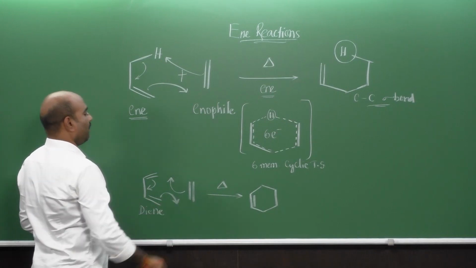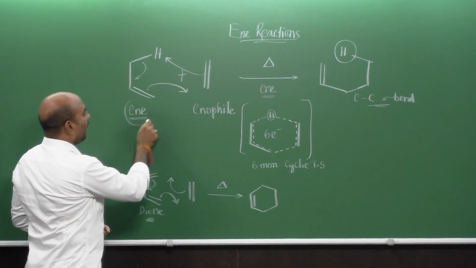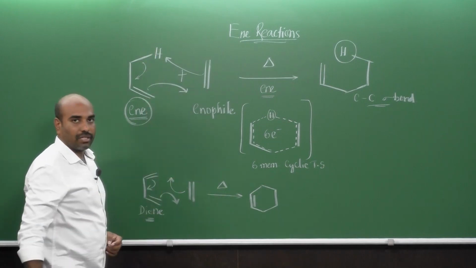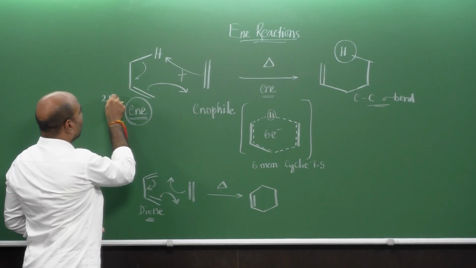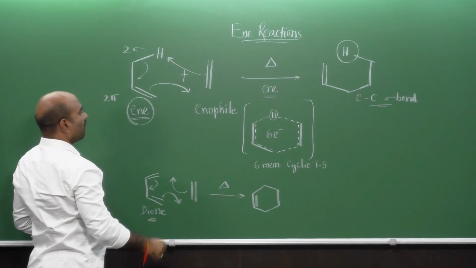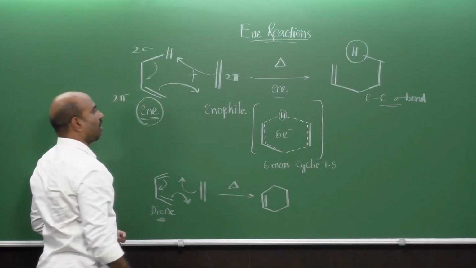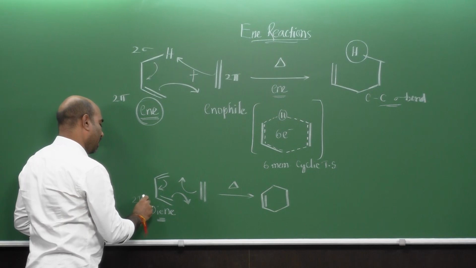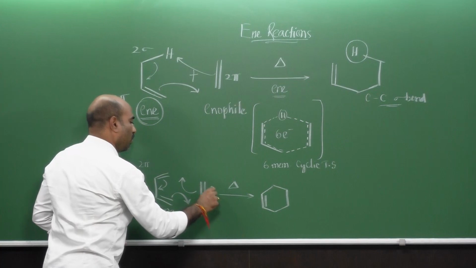Similarly, in the ene reaction, in the place of the diene, you see an ene molecule which has an allylic hydrogen. This contributes 2 pi electrons from this double bond and 2 sigma electrons from this sigma bond, and the enophile again acts as a 2 pi electron component. In the Diels-Alder, this is 2 pi plus 2 pi plus 2 pi.